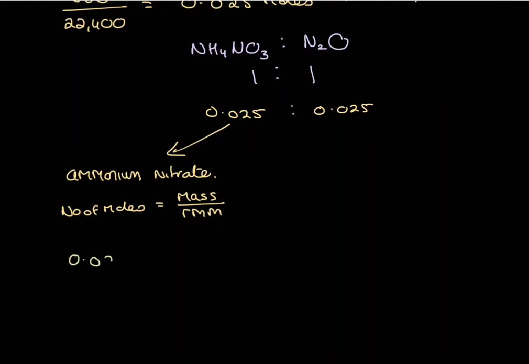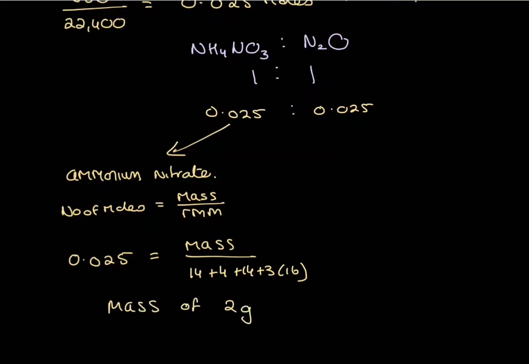So 0.025 equals the mass, and then the relative molecular mass is going to be 14 for the nitrogen, 4 for the 4 hydrogens, another 14, and 3 times 16, giving us a mass of 2 grams of the ammonium nitrate required.